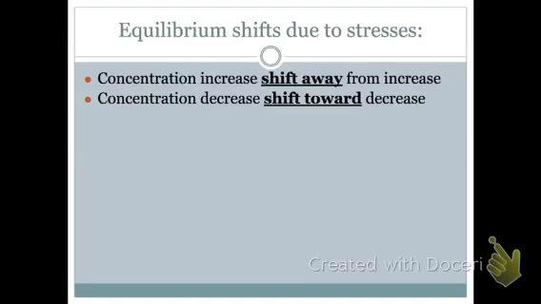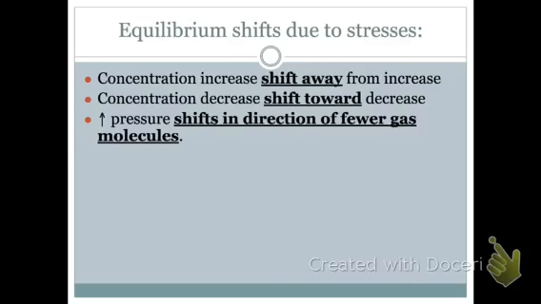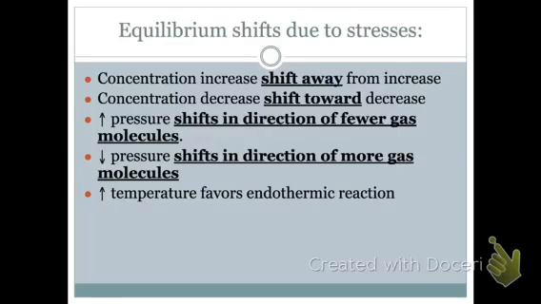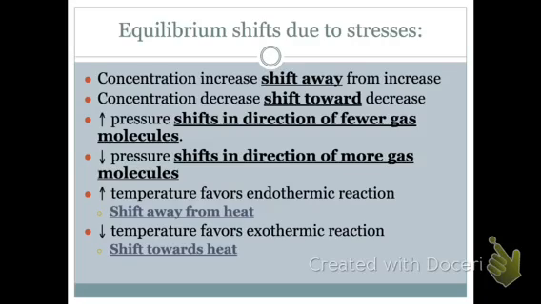If you take something away, it's going to speed up and try to fill in the hole. Increase in pressure shifts in the direction of fewer gas molecules, and decrease shifts in the direction of more gas molecules. Increase in temperature favors the endothermic reaction, and it shifts away from the heat. Decrease in temperature favors the exothermic reaction, and it shifts towards the heat.